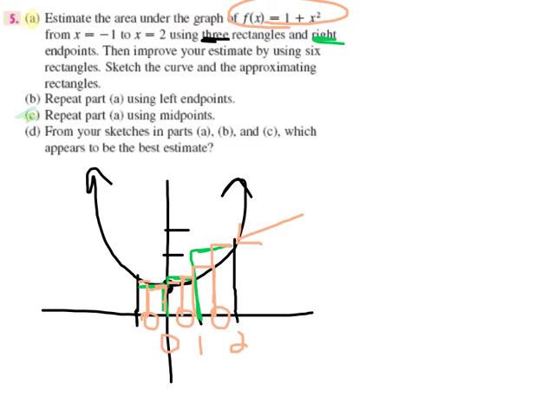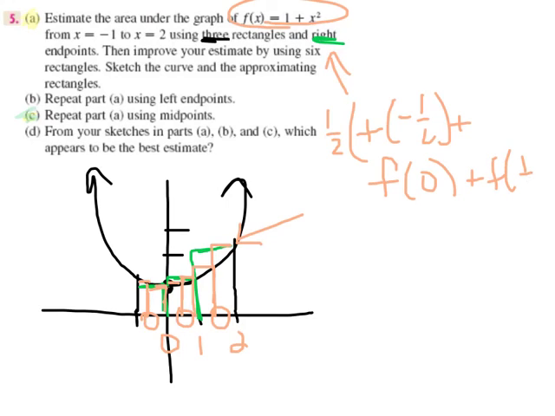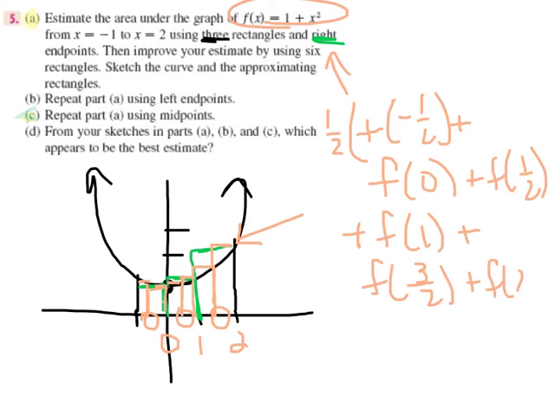And then whenever I'm going to get the 6 rectangle estimate, maybe I'll just do that because I don't want to go over 15 minutes here. I'm going to take my base length and factor it out, and then I'm going to get f of negative a half plus f of 0 plus f of a half plus f of 1 plus f of 1.5 plus f of 2.